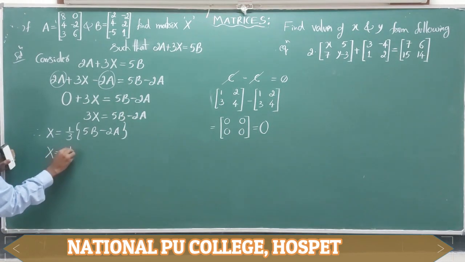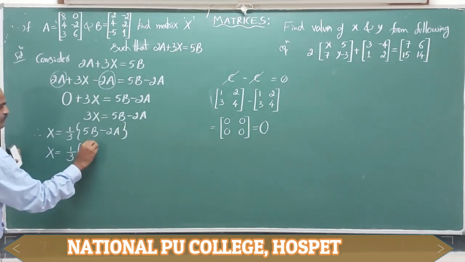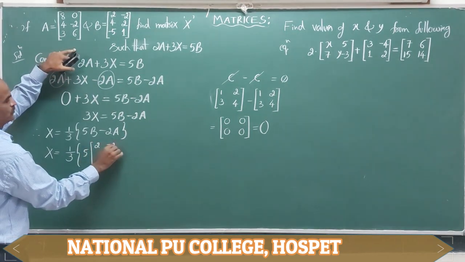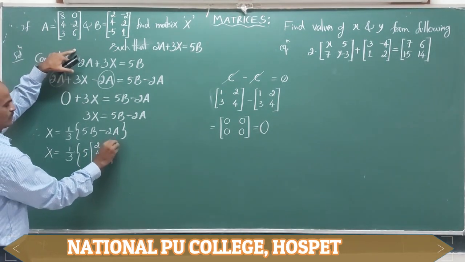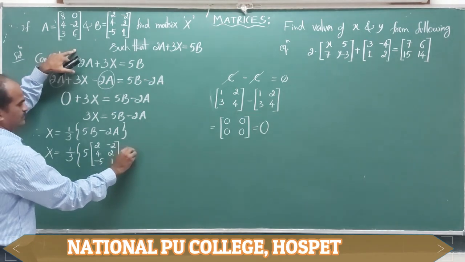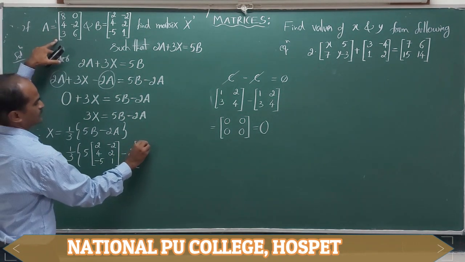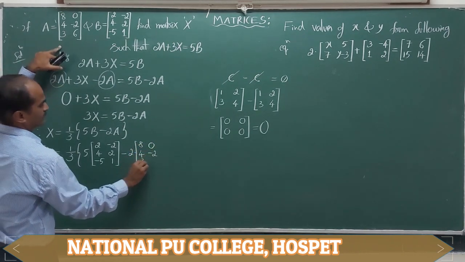So matrix X is 1 by 3 times 5 times matrix B, which is 2, minus 2, 4, 2, minus 5, 1, minus 2 times matrix A. Here it is matrix A, first row elements 8, 0, 4, minus 2, 3, 6.